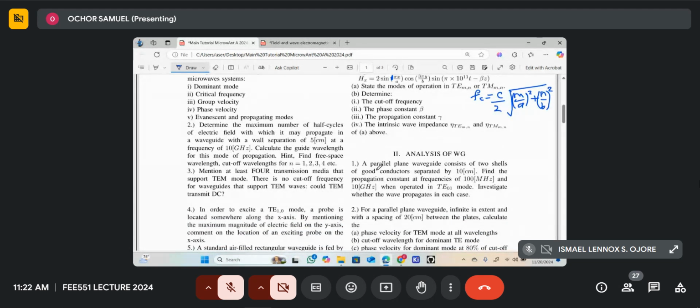Okay then. And propagation constant, phase constant, how will we calculate that? John: Beta is the square root of omega squared mu epsilon minus m pi over a squared minus n pi over b squared.